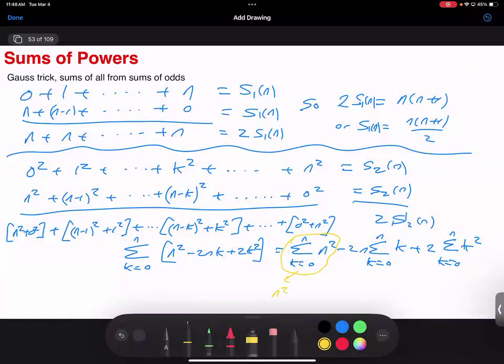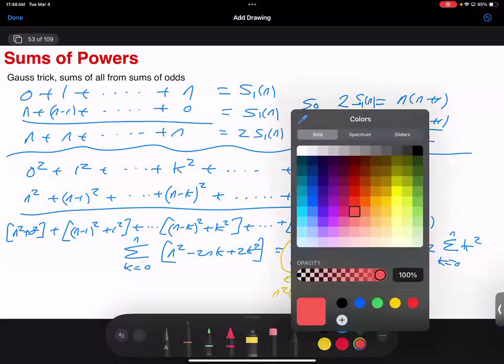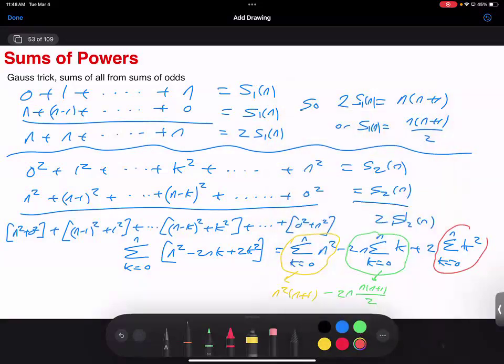So this is n squared times (n plus 1). Do we know what the second sum is? I'm sorry? 2n times (n plus 1) over 2. Oh, yeah. Right? We know what that is. And what about the last one? Do we know what that sum is? That's S2 of n.